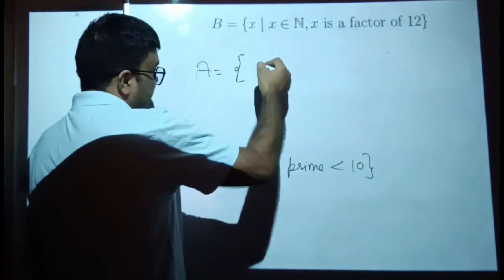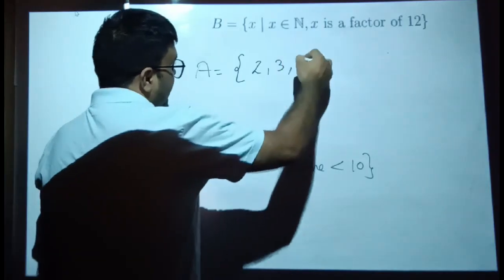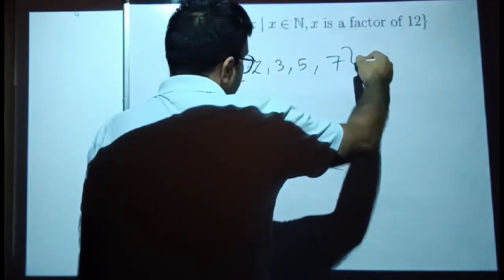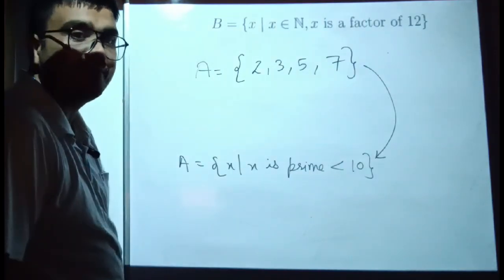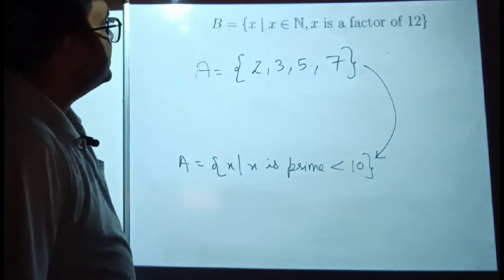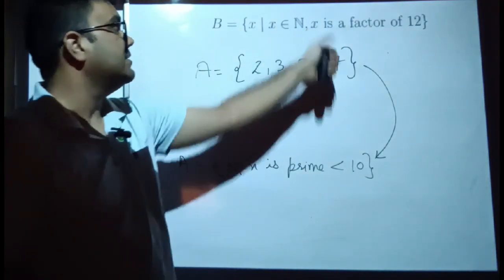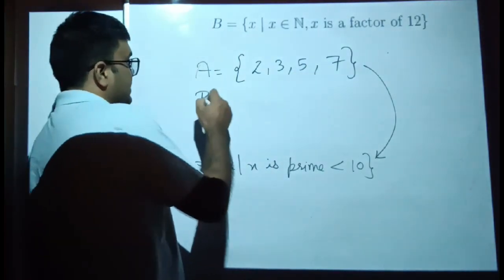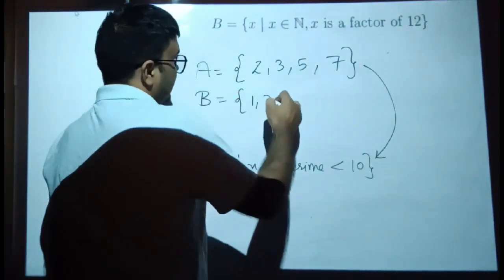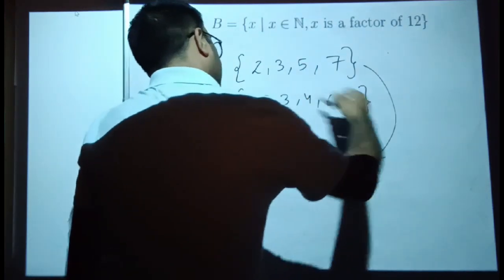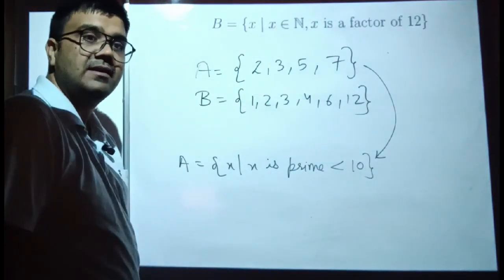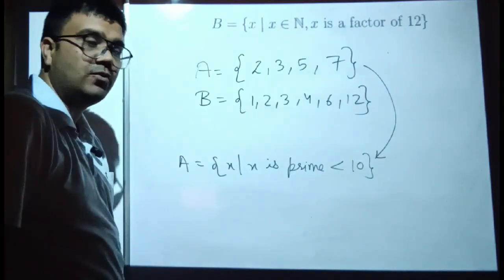So the elements of the set A are 2, 3, 5 and 7, the prime numbers less than 10. And what are the factors of 12? X is a natural number and a factor of 12. Set B is 1, 2, 3, 4, 6 and 12. These are the factors of 12.